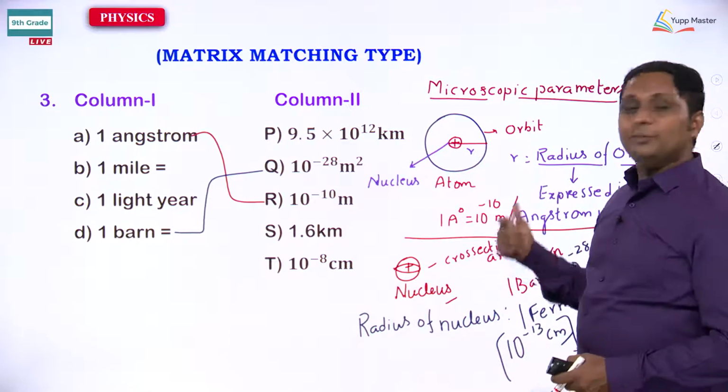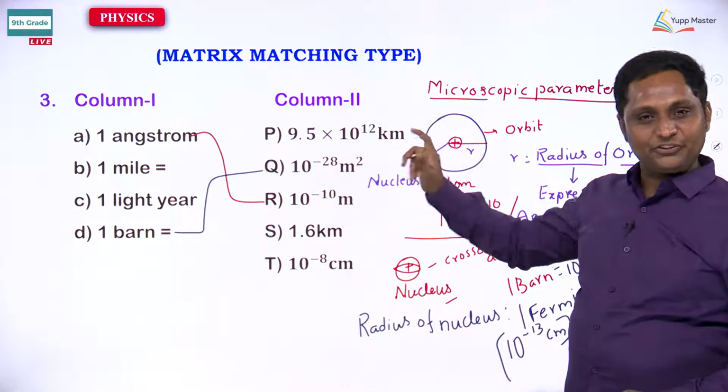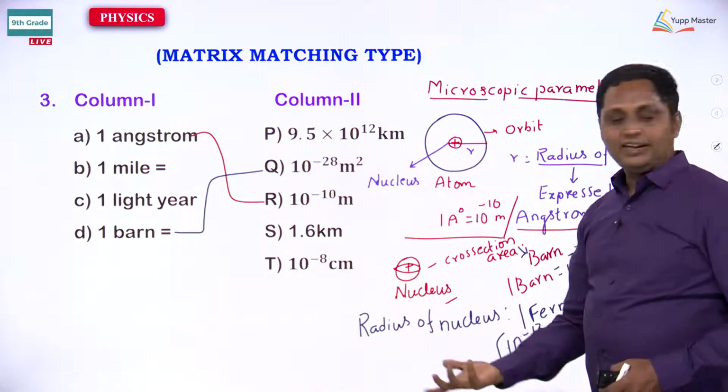The distance travelled by light in a year is represented in terms of light year. It is very clear.